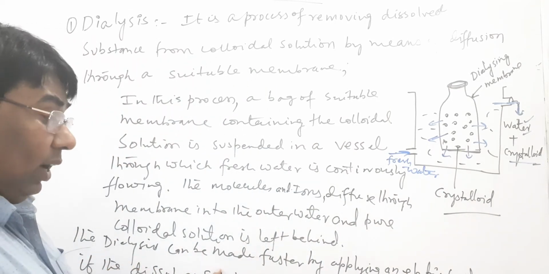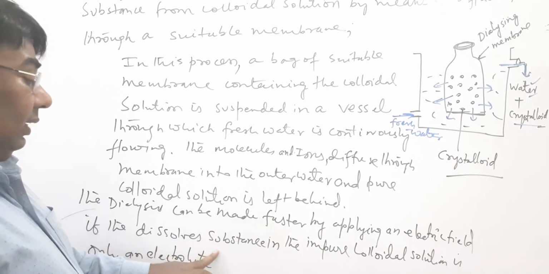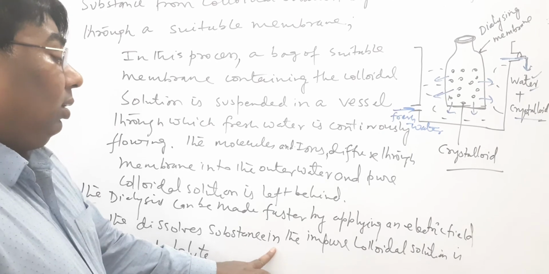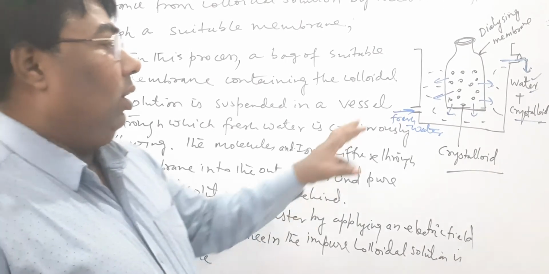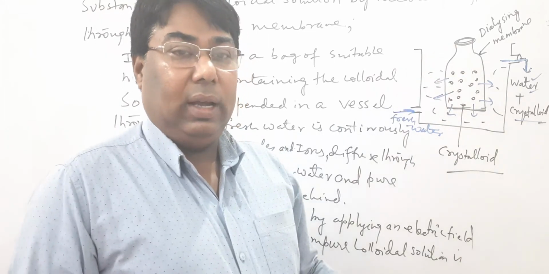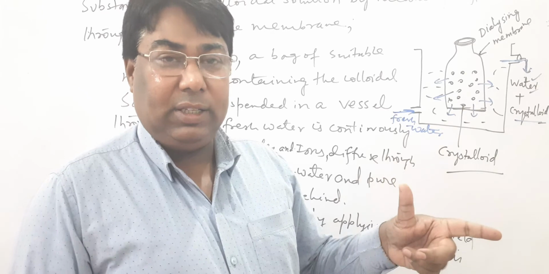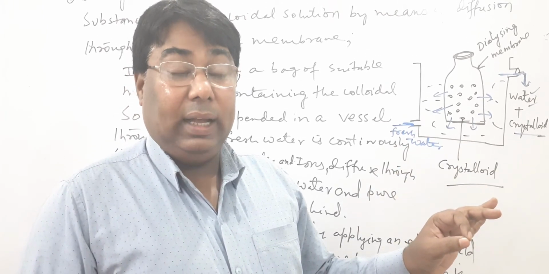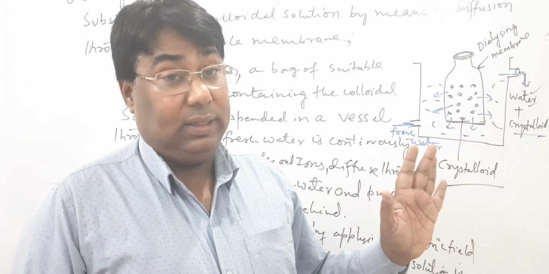Dialysis can be made faster by applying the electric field if the dissolved substance in the impure colloidal solution is only an electrolyte. If only electrolytes are present as impurities in the colloidal solution, then we use the electrodialysis technique, and it is faster than dialysis.